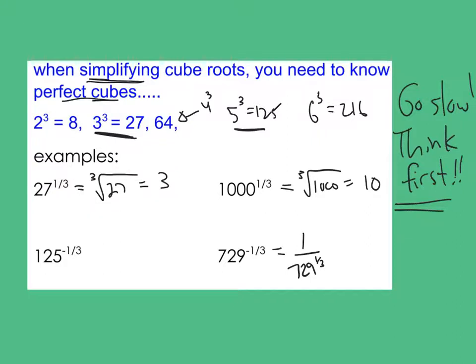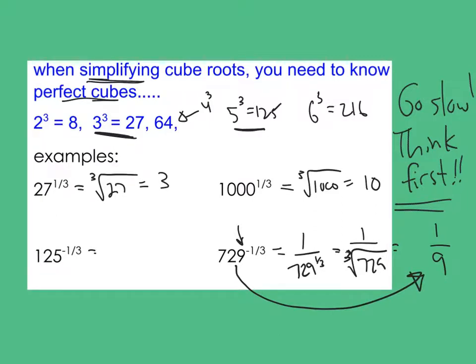That's our exponent rule because of the negative. And then the cube root of 729 is going to be the rewrite there. So that's 1 over the cube root of 729, which is 1 over 9, because the cube root of 729 is 9. So 729 to the negative 1/3 is 1/9.